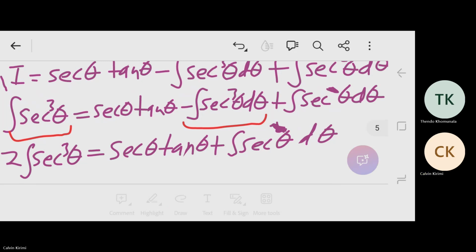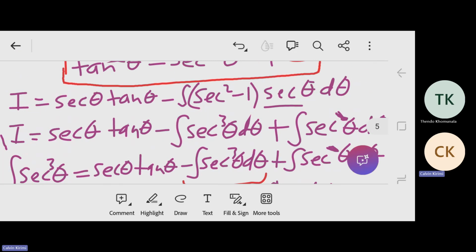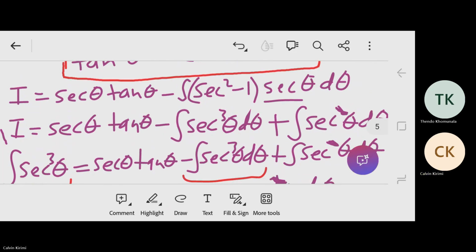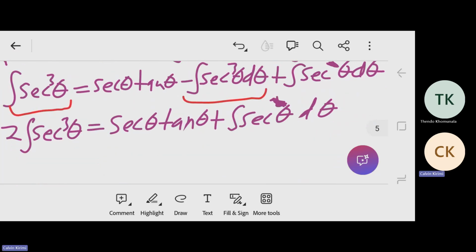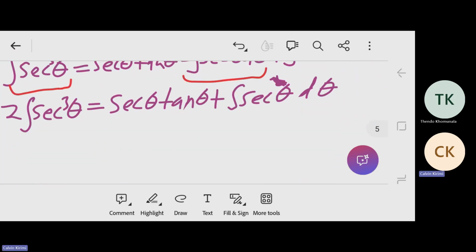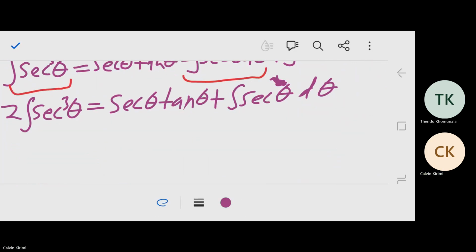Okay, so it's secant theta, not secant squared theta. So from there, we are going to say 2, integrate secant theta. What is it that we differentiated? It is supposed to be the ln of secant theta plus tan theta.